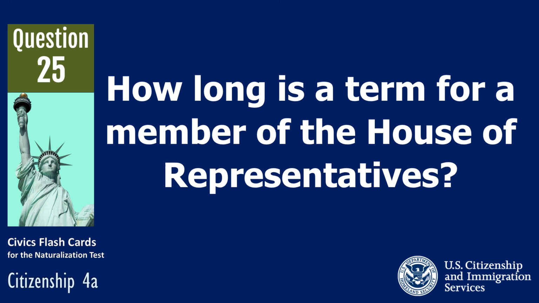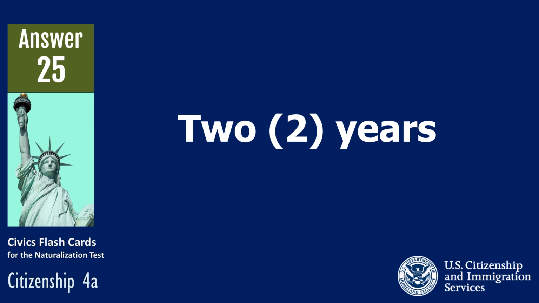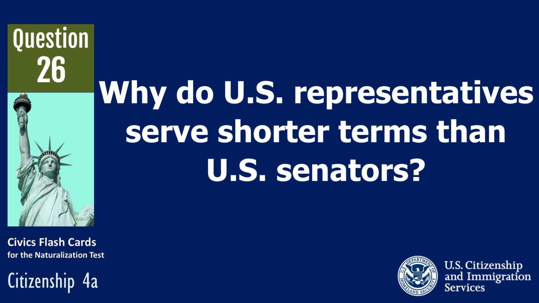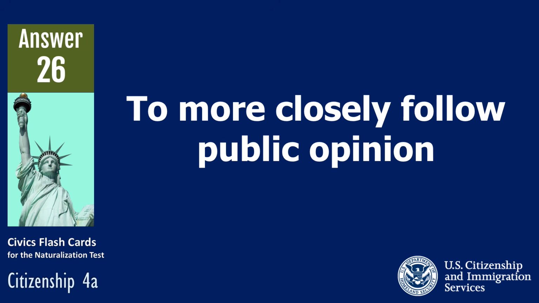How long is a term for a member of the House of Representatives? 2 years. Why do U.S. representatives serve shorter terms than U.S. senators? To more closely follow public opinion.